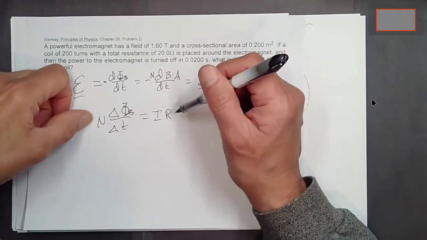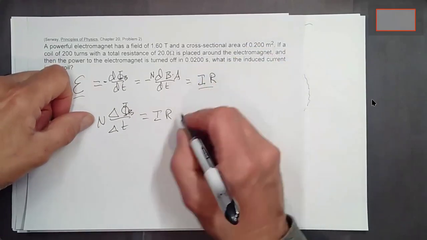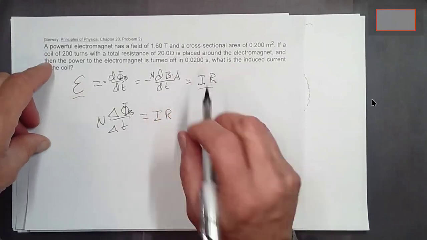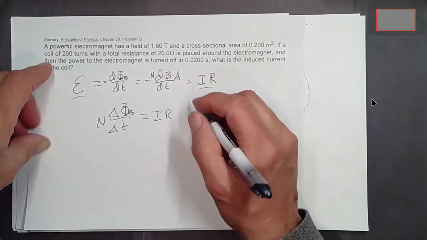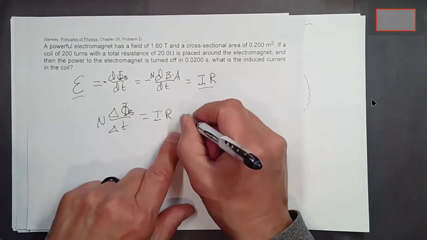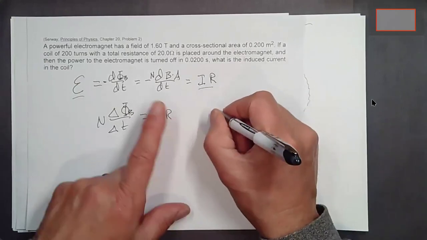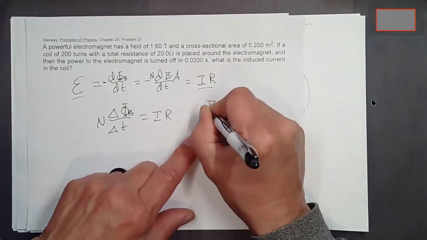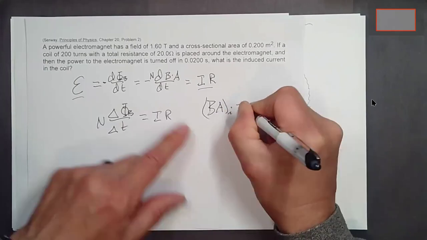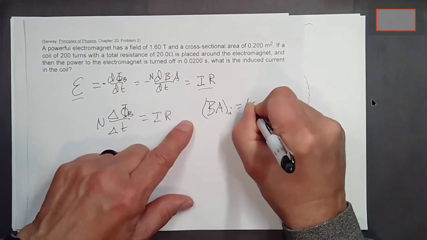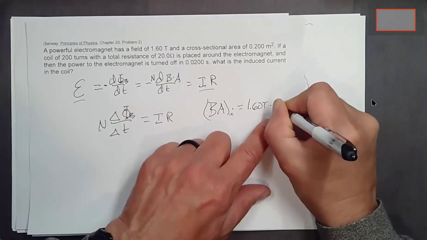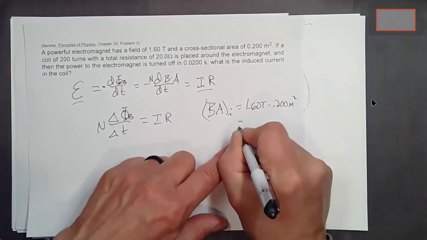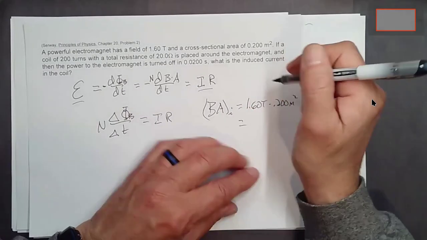But it still works. So, okay, we take the delta phi sub B over delta t. So that's going to equal, originally, B times A initial, which will equal 1.60 Tesla times 0.200 meters squared. And this is a Tesla meter squared.